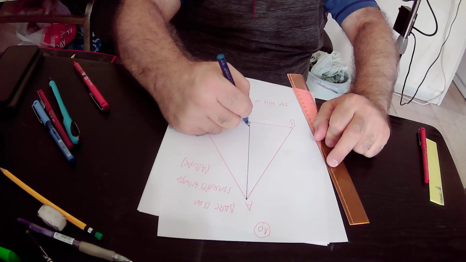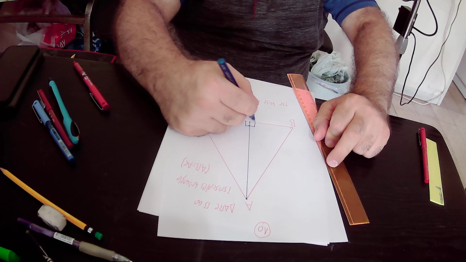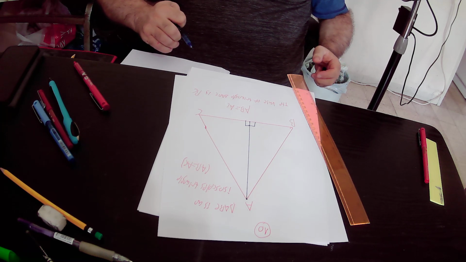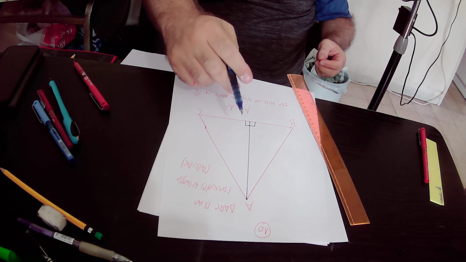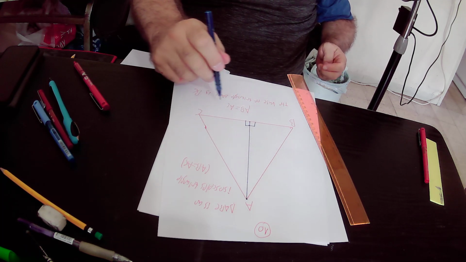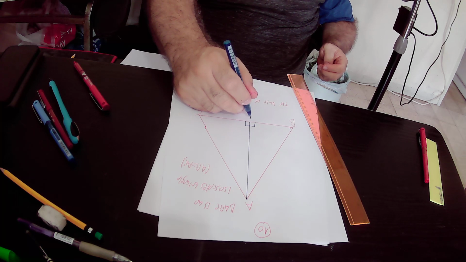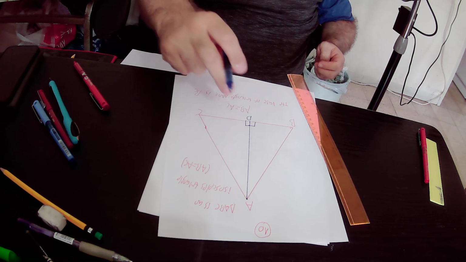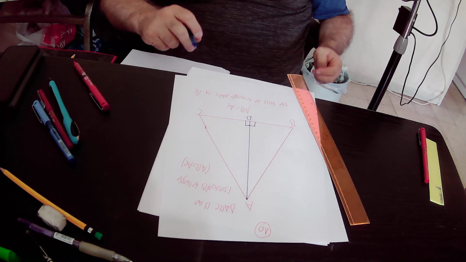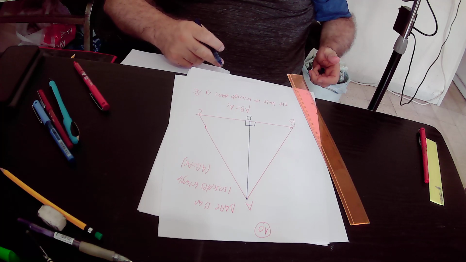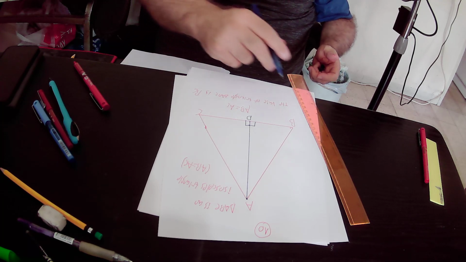So this angle is a right angle, and this angle is also a right angle. We define the touching point between the perpendicular that we drew to side BC as point D. So AD is the height to BC.